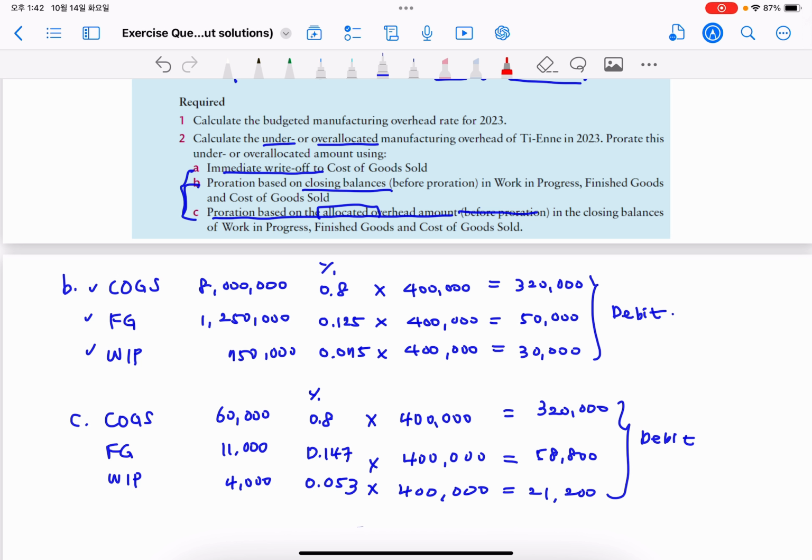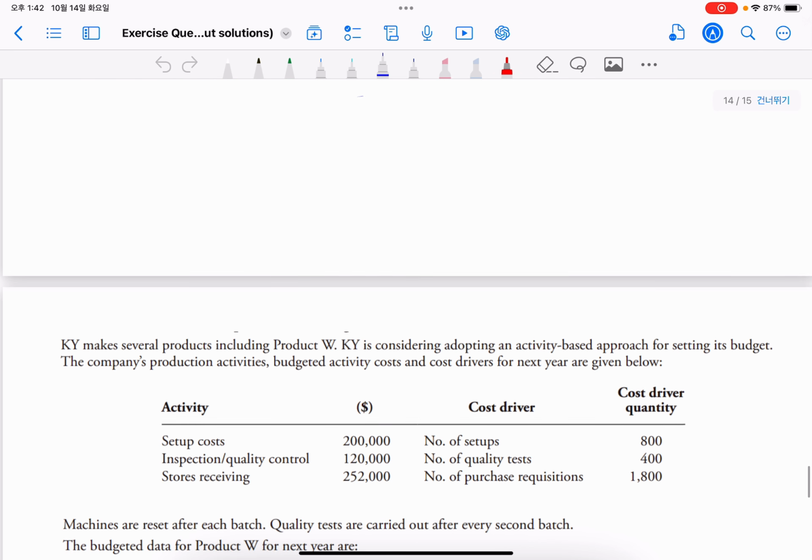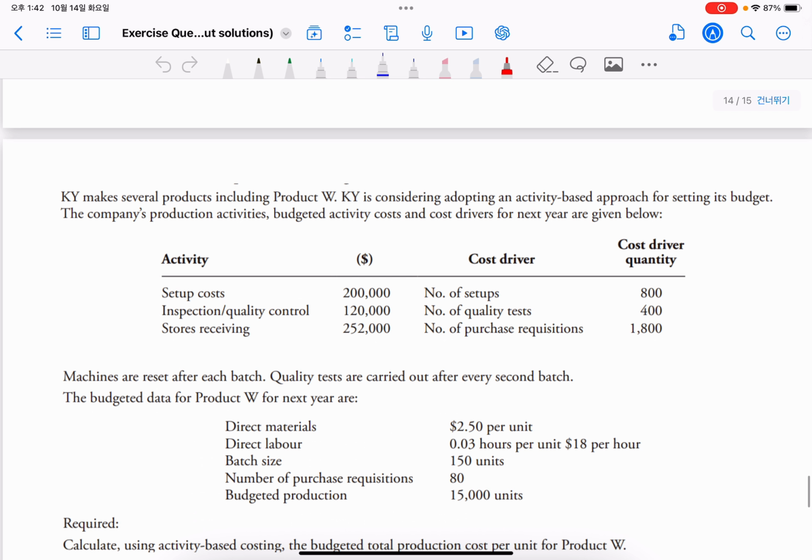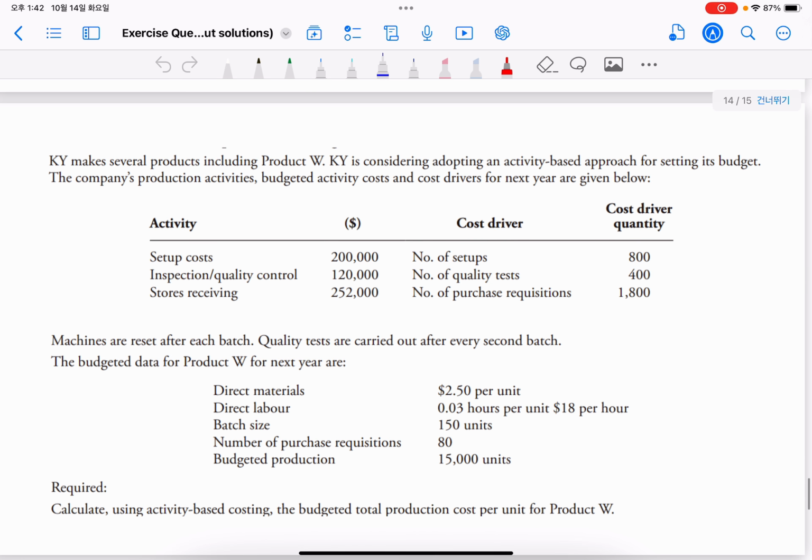Now, we're going to move on to the last question on this slide. This is going to be the ABC problem. Again, take yourself some time to get your hands dirty, and let's go through the production cost per unit for this product.